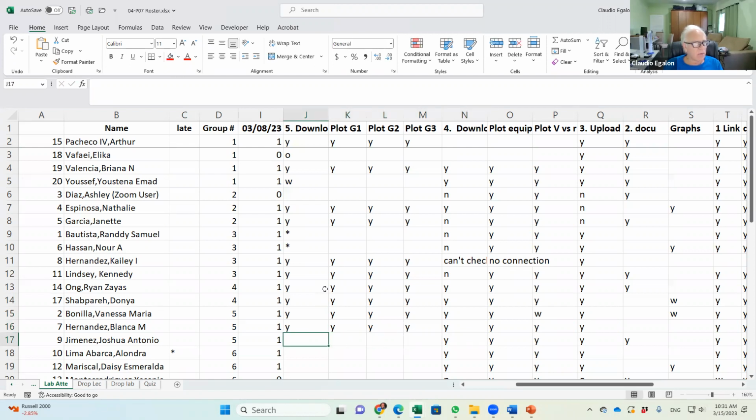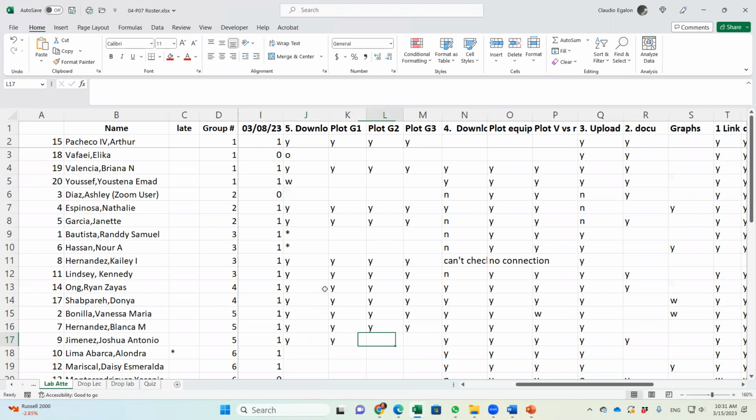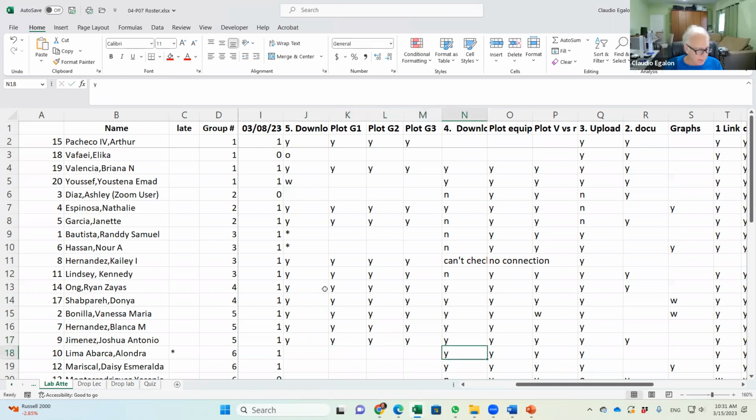And Joshua Jimenez. Yes, got all of them plotted already. All the 3 already? Yes. Okay, good. And Alondra. Okay, you have them out. Good. Start working on the units now.